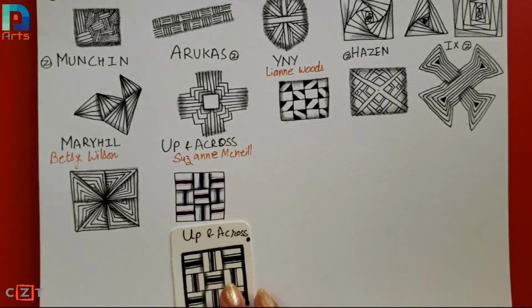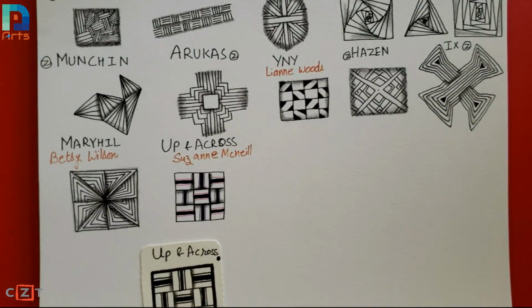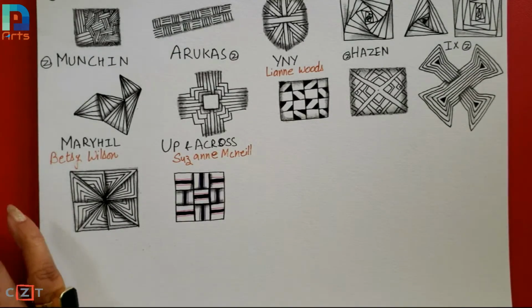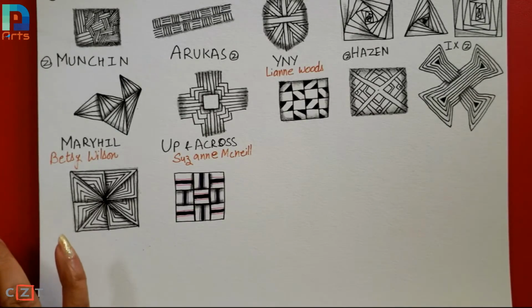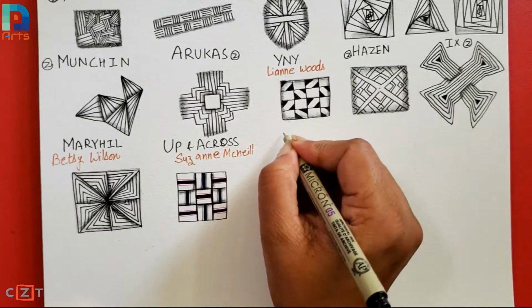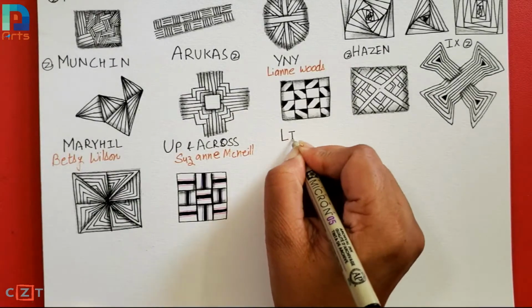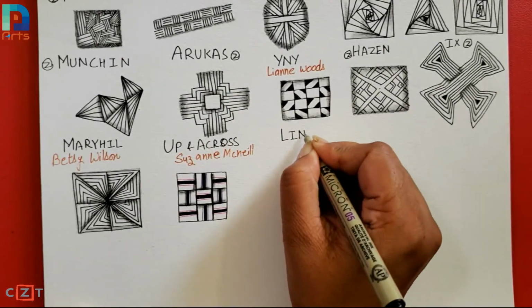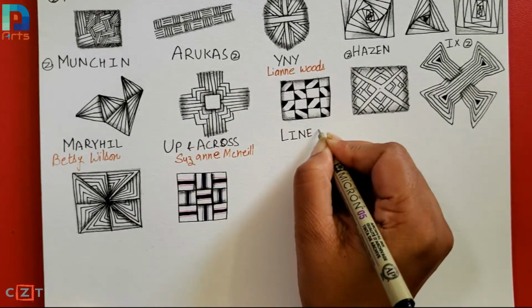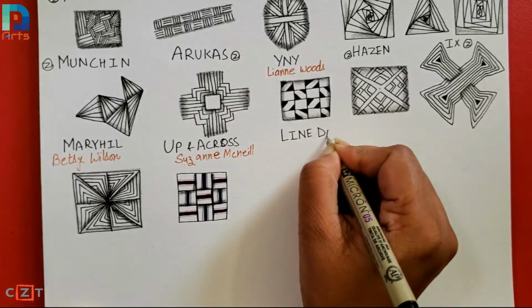Now let's talk about the next tangle. Where is my 05? 0805. Okay, so the next tangle which I want to do is the line dance tangle. The line dance tangle can be wavy, can be straight, so we'll talk here about the straight one.